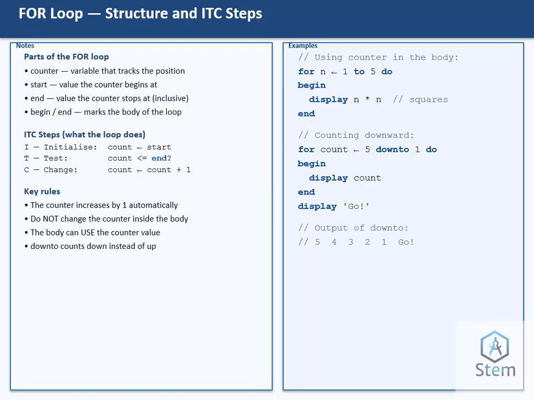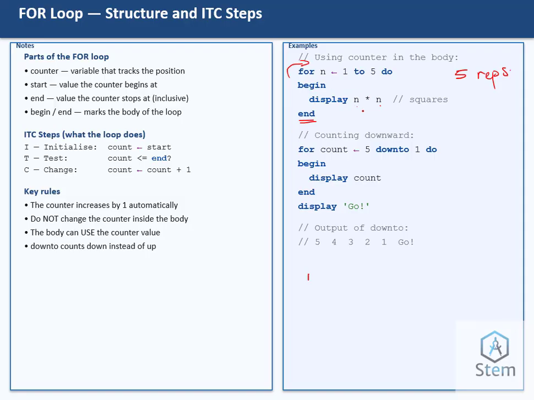We can look at this example as well. For n starting at 1 to 5, which means we want to repeat this 5 times. From 1 to 5, that's 5 reps. We are going to display 1 times 1. We get 1. Then n goes on to become 2.